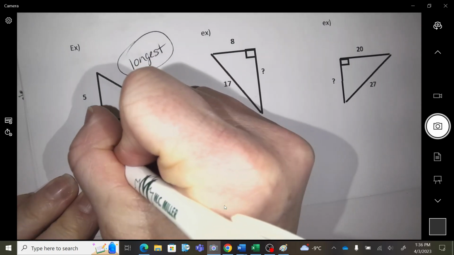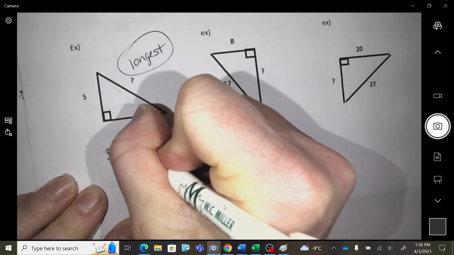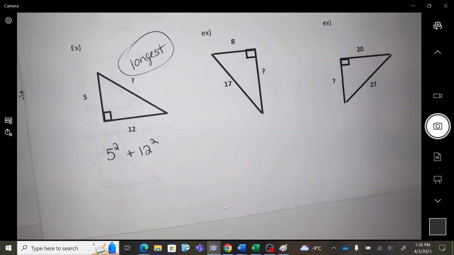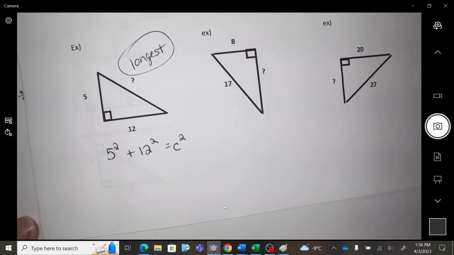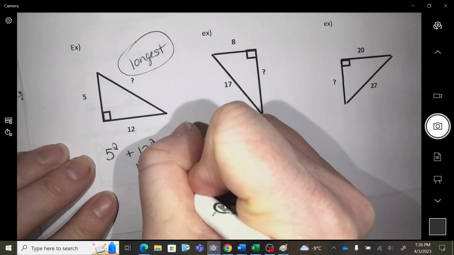Okay, so what we're going to do is go 5 squared plus 12 squared. And you can do that in your calculator. 5 squared plus 12 squared, and you get 169.